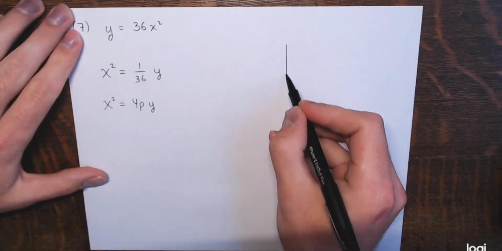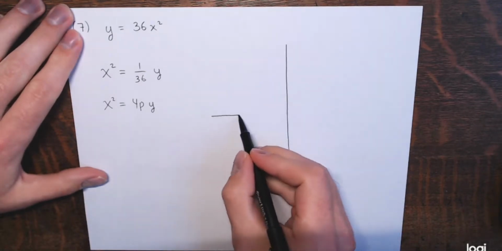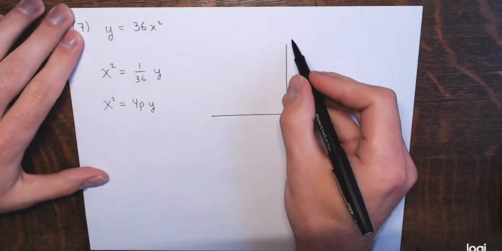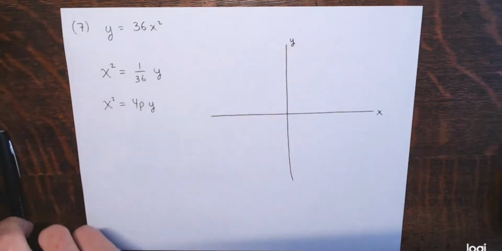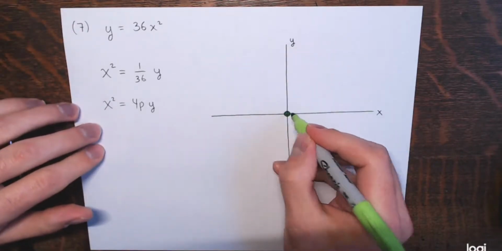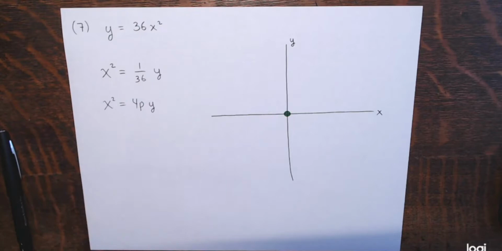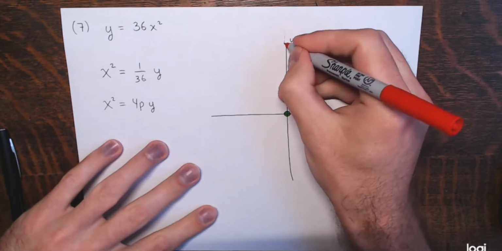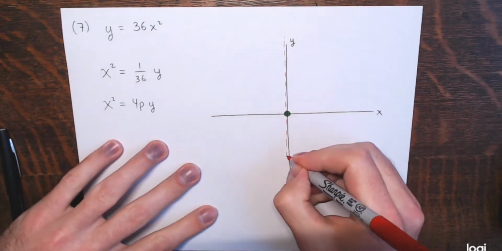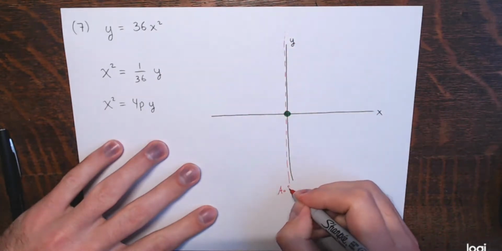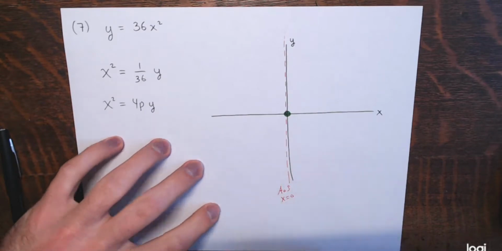Alright, so if it's in that form, I know it's a parabola with a vertex at the origin. So once again, vertex at the origin. The x is squared and the y is not, so the axis of symmetry is vertical. This will be the y-axis. The axis of symmetry is x equals 0.